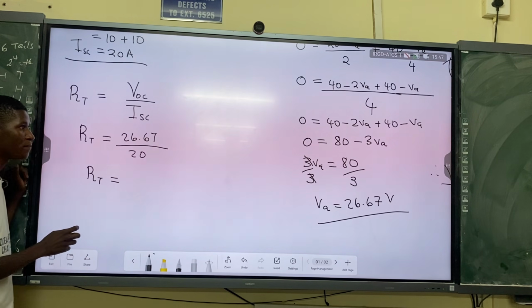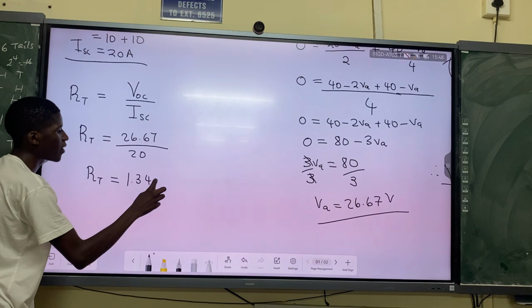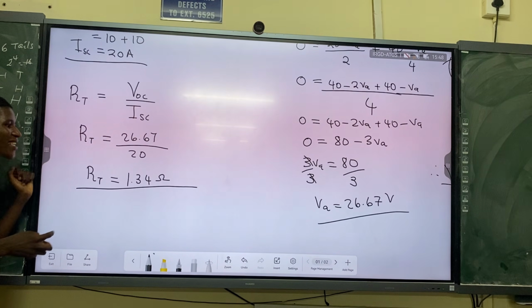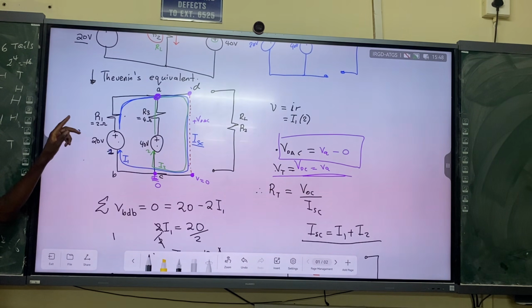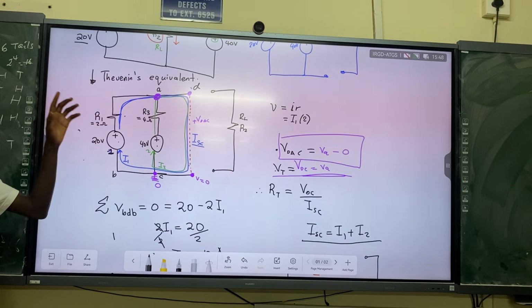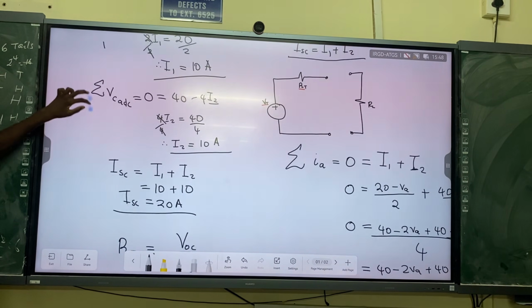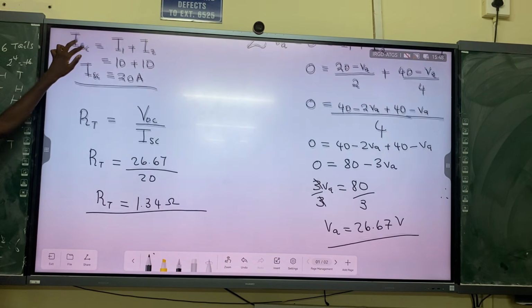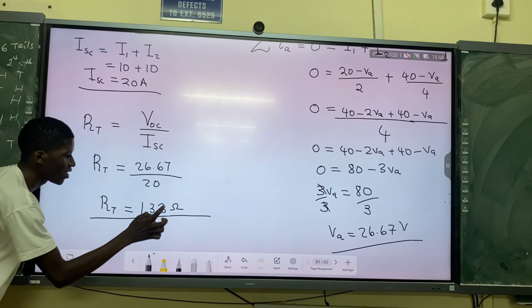The R Thevenin is 1.34 ohms. When we combine the 2 ohm and 4 ohm resistors to form one resistor, it's 1.33. Okay, it's 1.33 ohms.